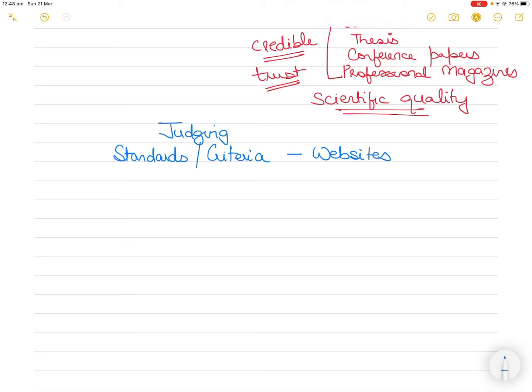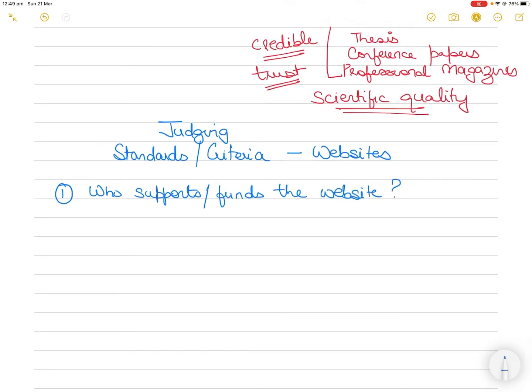So the first judging criterion that you should think about is who supports, or let's say who funds the website. Why is this important? Because you will know whether there is a vested interest in it or not. Is it biased research or not? Do they have any kind of financial interest, right?